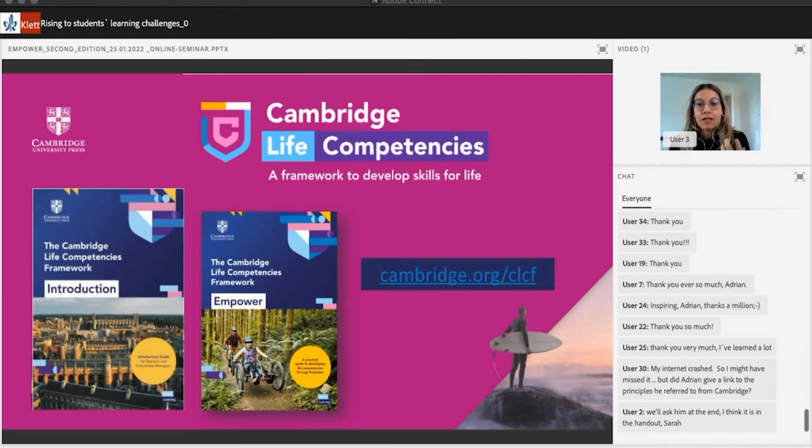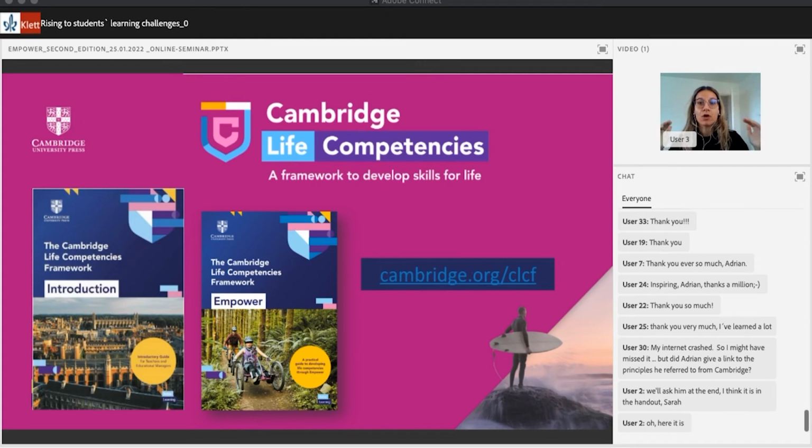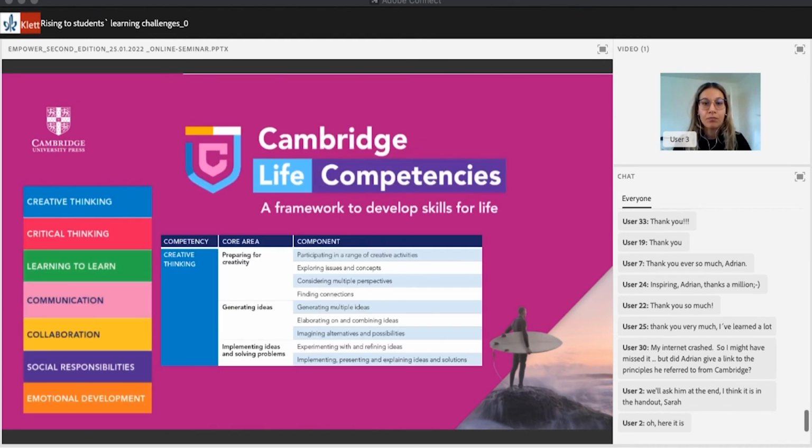An important thing to mention is that Empower Second Edition activities have been mapped out on the Cambridge Life Competencies Framework. The Cambridge Life Competencies Framework was designed to develop these life competencies. And for each life competency, there is a core area and a component.